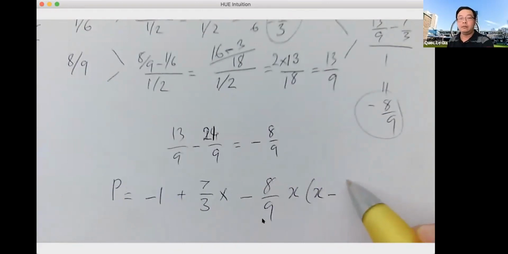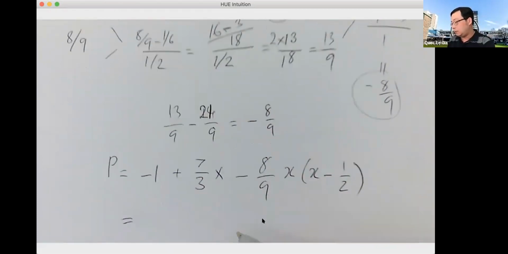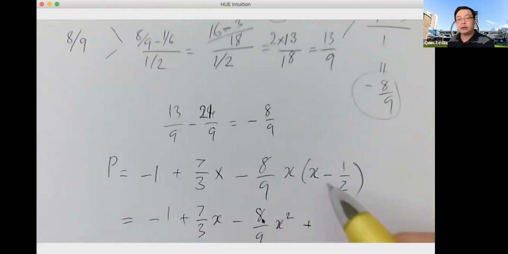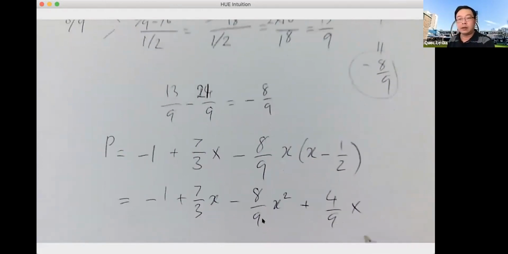Okay. So this is a quadratic, and you can solve the quadratic to get the zero. If I write it down correctly, this one will be minus 1 plus 7 over 3 x minus 8 over 9 x squared plus 8 over 2, which is 4 over 9 x.